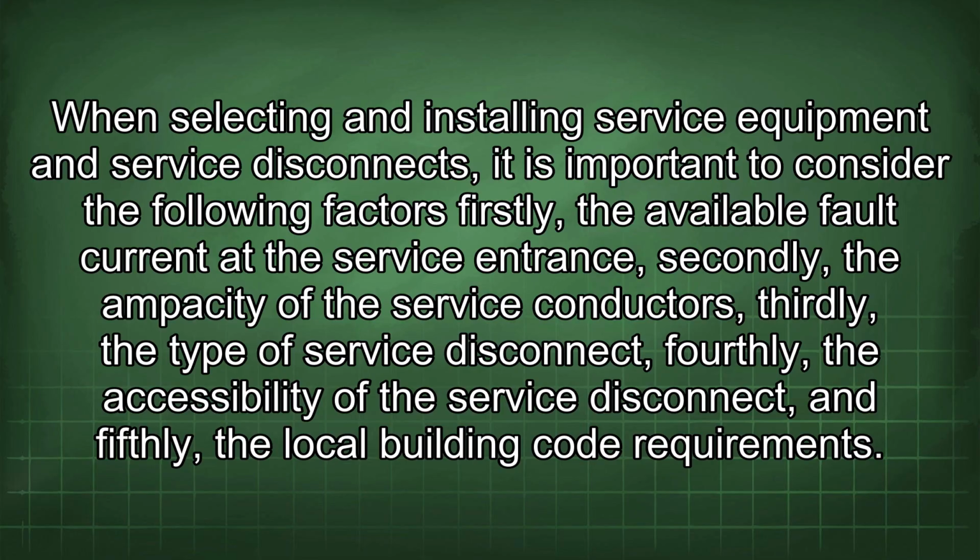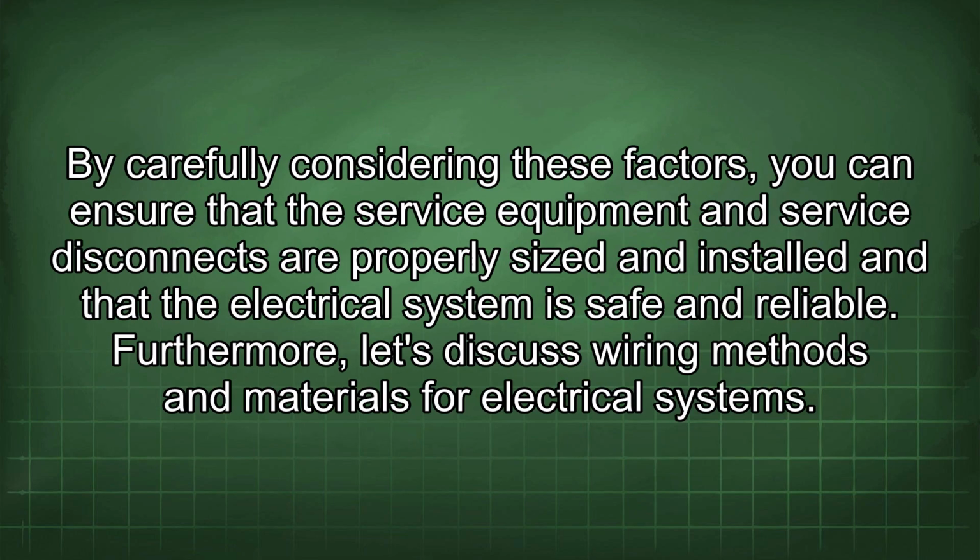Firstly, the available fault current at the service entrance. Secondly, the ampacity of the service conductors. Thirdly, the type of service disconnect. Fourthly, the accessibility of the service disconnect. And fifthly, the local building code requirements. By carefully considering these factors, you can ensure that the service equipment and service disconnects are properly sized and installed and that the electrical system is safe and reliable.